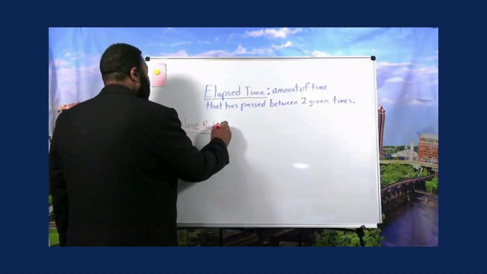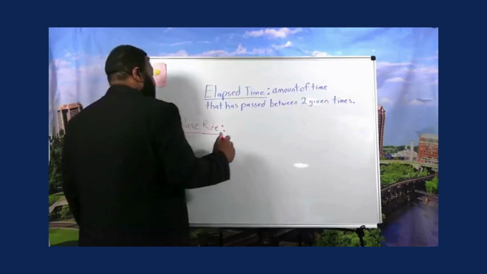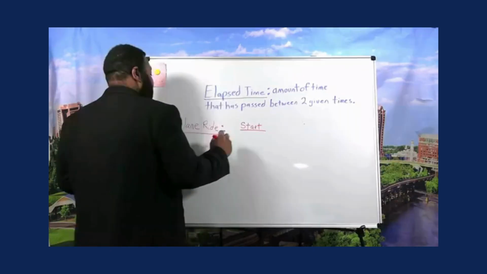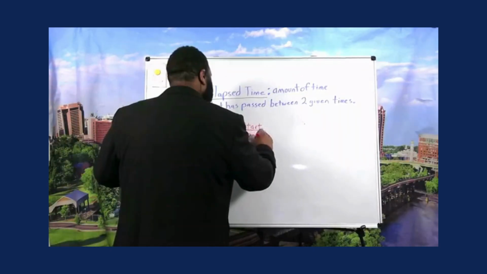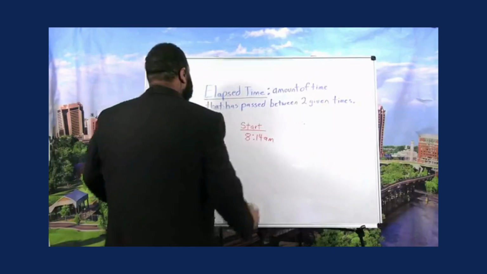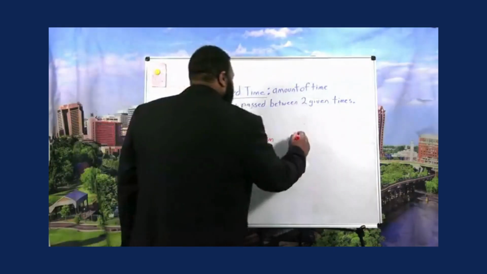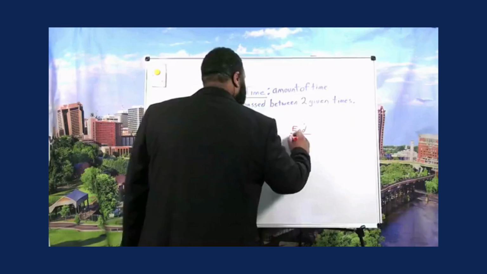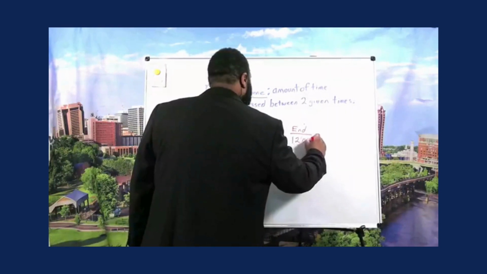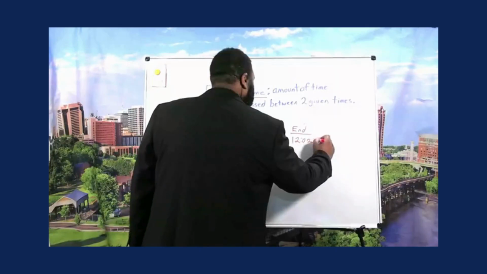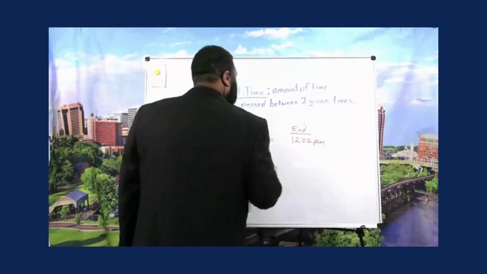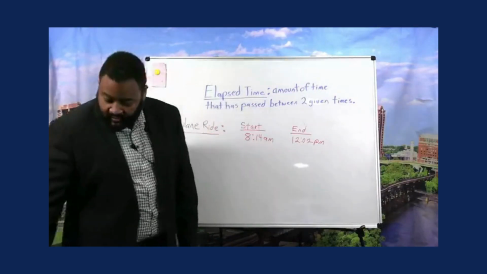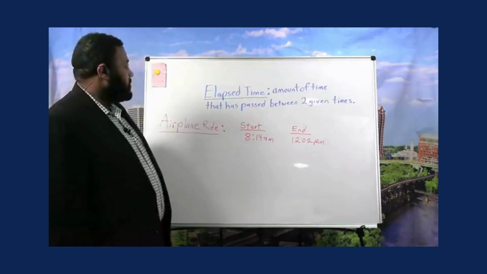And on my airplane ride, my start time is going to be 8:14 a.m. And my end time is going to be 12:02 p.m. So go ahead and write this down for me.